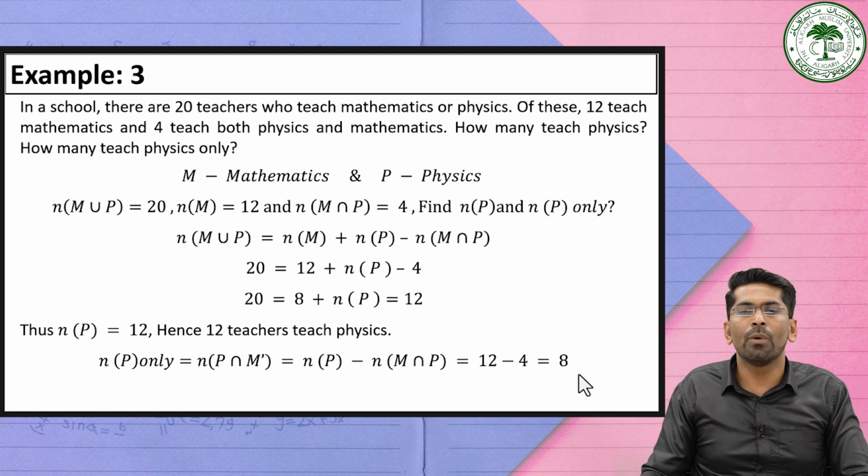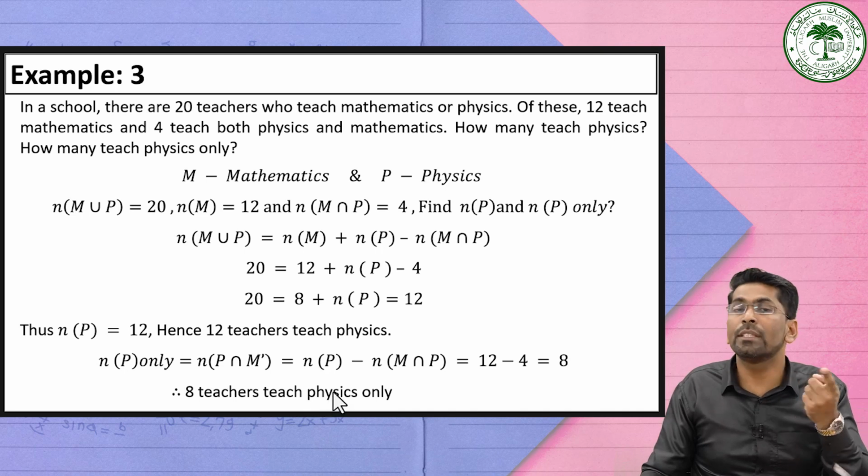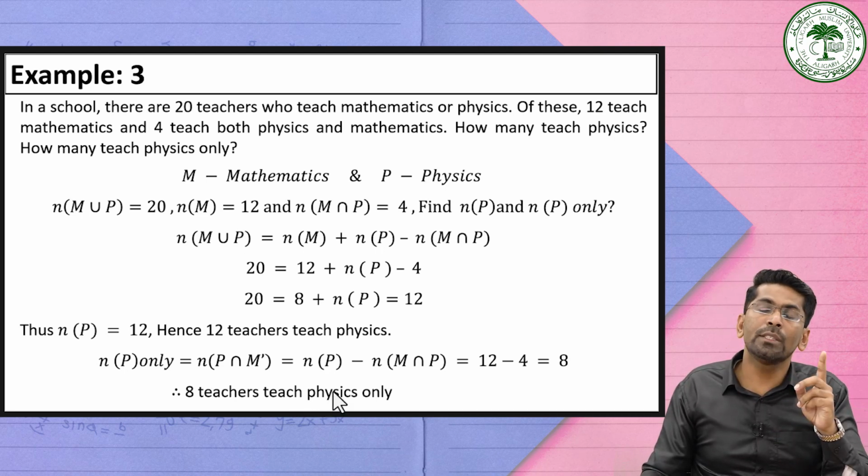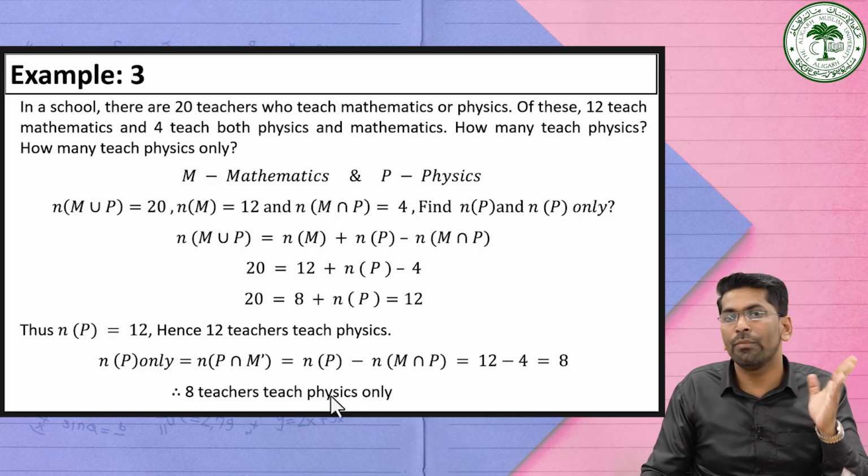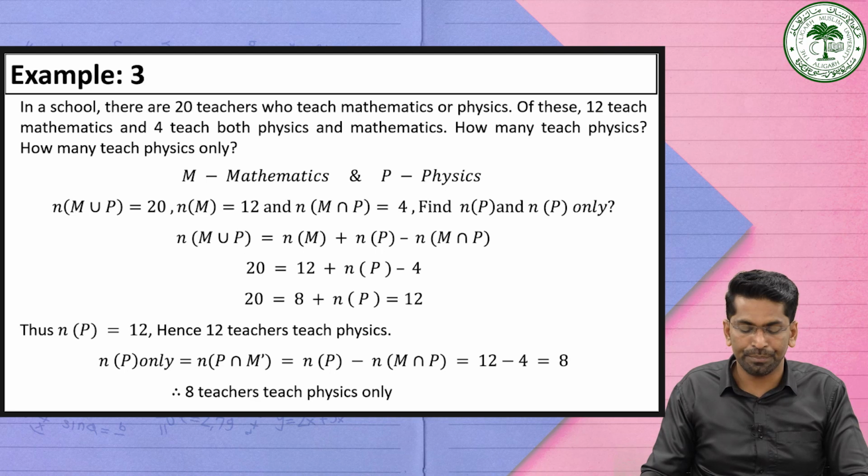So 12 minus 4 is equal to 8. Therefore, 8 teachers teach physics only, and the number of teachers who teach physics is 12, at the same time the number of teachers who teach physics only is 8.